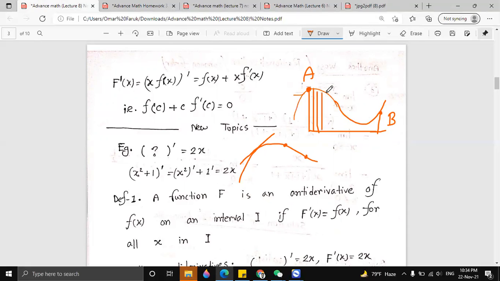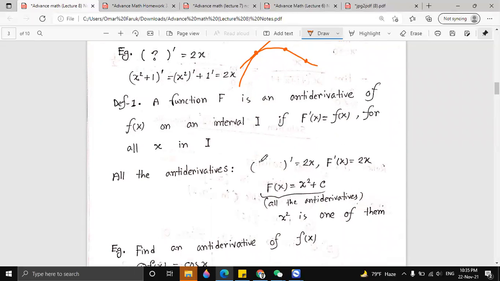You can imagine a lot of rectangles inside this interval from a to b, and if you add all those small rectangles, it will make the area of this interval. So integration means to find the area, and differentiation means to find the slope. They are opposite terms.